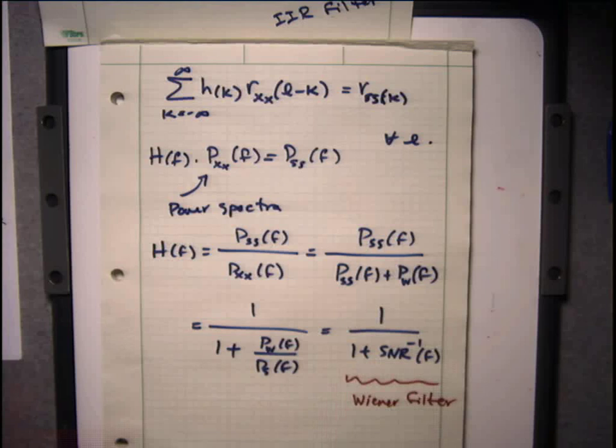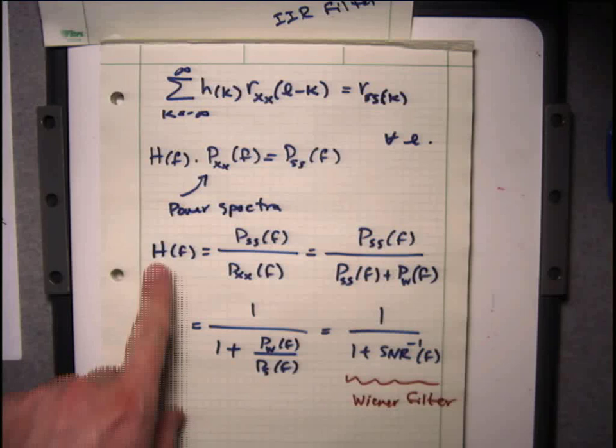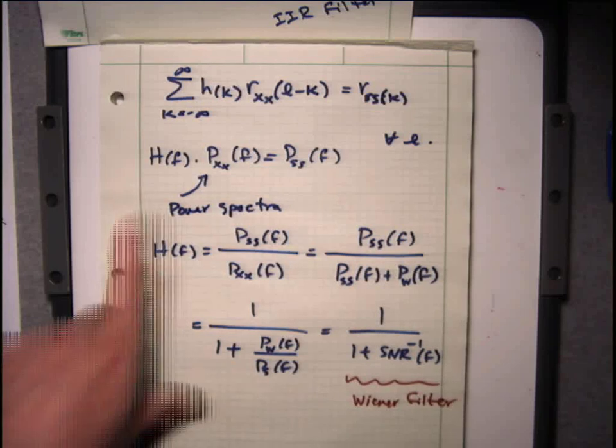Okay, so remember, this whole thing came from the Bayes linear minimum mean squared error formulation. Right? So in other words, if you have an infinite sequence of data, x, which is related to a signal s as x equals s plus noise, then the optimal estimate of s at any point in time is given by the output of a filter whose frequency response is exactly this.